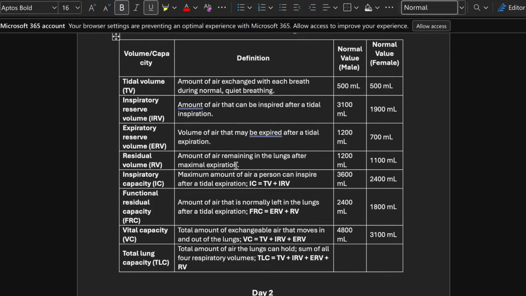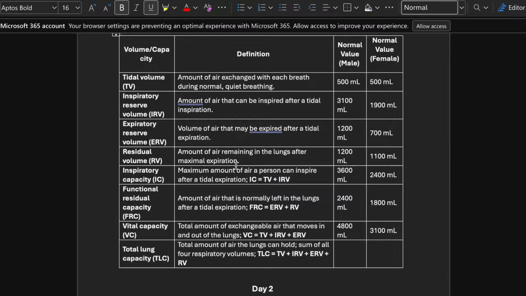So I'm just looking at these numbers now, just trying to get an overview here.